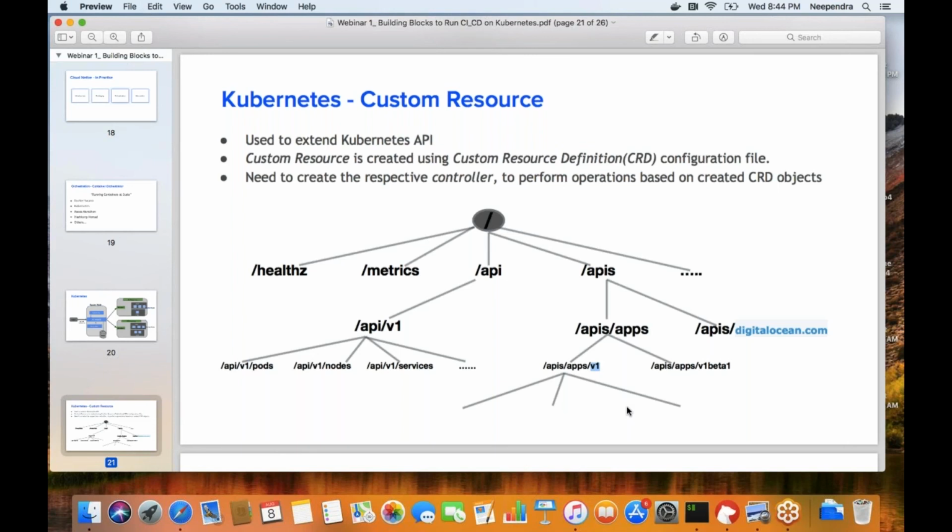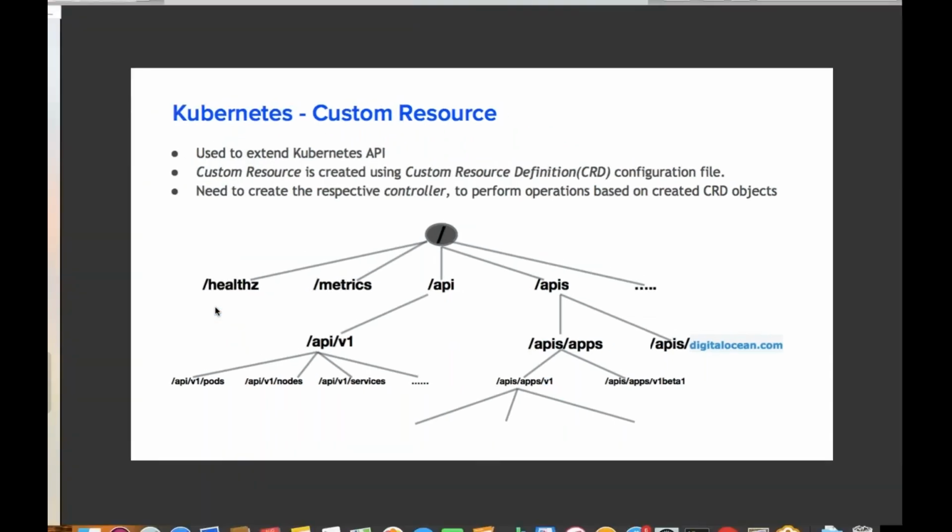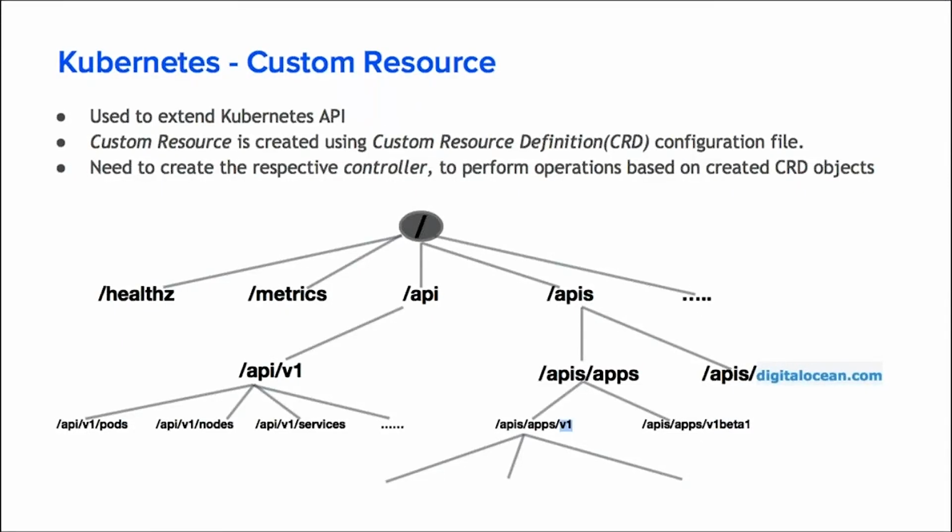So Kubernetes says that we are going to keep these core API groups very minimal, but we can extend it. That is what we mentioned about custom resources. For example, you want to extend the Kubernetes functionality, but Kubernetes keeps these API groups tightly coupled to its core. But I want to create some external objects using which I can perform some operations.